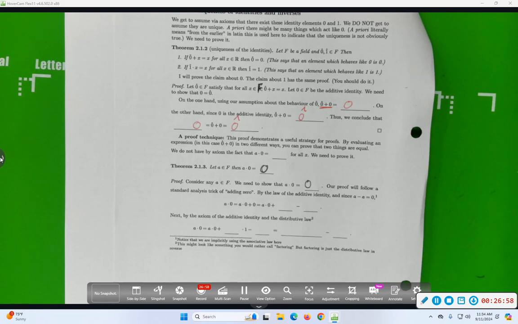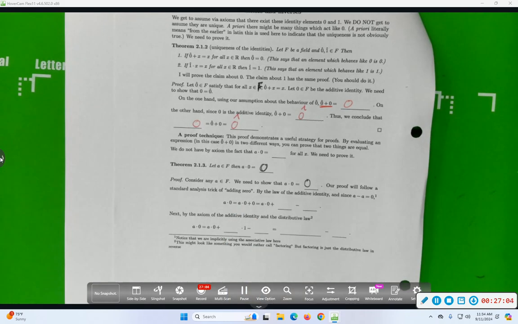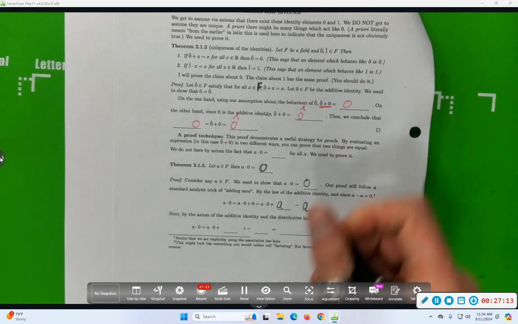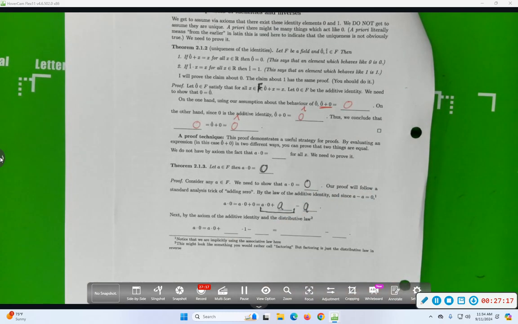All right, let's follow the guidance here. So let's play this game. We'll add 0. That's the same thing. Let's also use the fact that a minus a is 0. So that means I can replace that 0 with a minus a. Now that looks an awful lot like something I can factor an a out of, right?